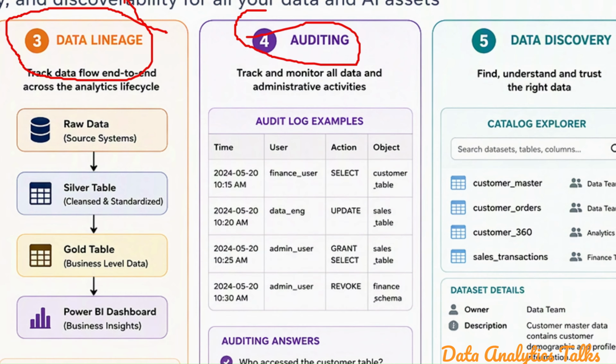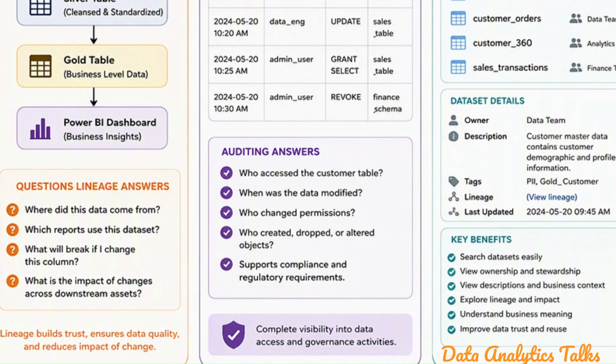Administrators and compliance teams can track data access and governance activities from a single location. This helps organizations meet regulatory and compliance requirements while maintaining complete visibility into data usage across the platform. In short, auditing answers the questions: who accessed the customer table, when was the data modified, who changed the permission, who created, dropped, and altered objects.